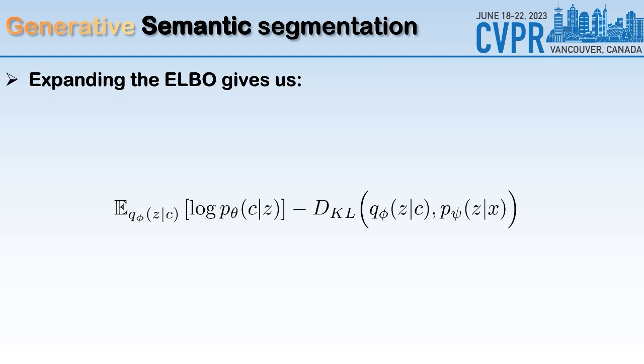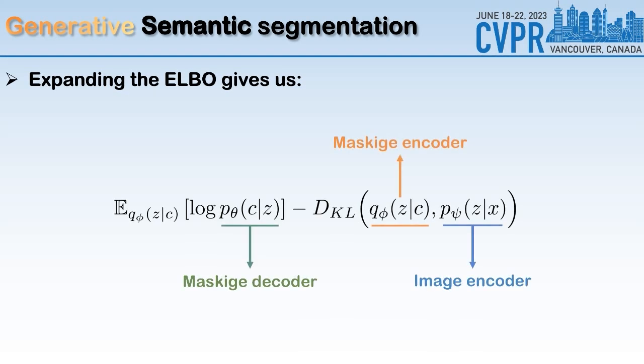Explaining the ELBO formula reveals two terms. Each of them has some conditional probability which can be built as a module in our framework. In GSS, the first conditional probability indicated by the green underline corresponds to the module generating the maskage under the latent variable Z. We name this module the maskage decoder.